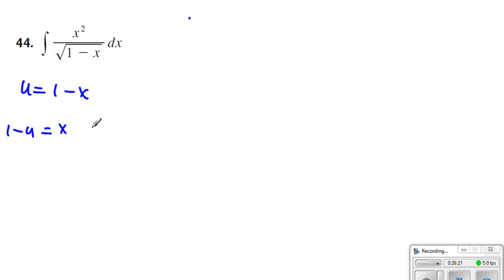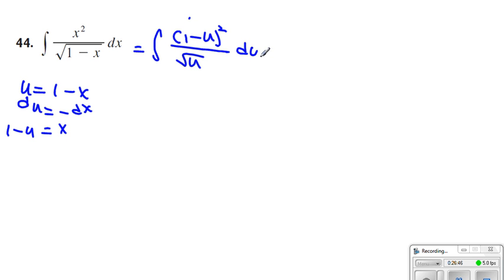So therefore, if you have to consider this one, then this can be rewritten as this. X squared means 1 minus u squared all over square root of u. And then taking the derivative on each side, du becomes negative dx.